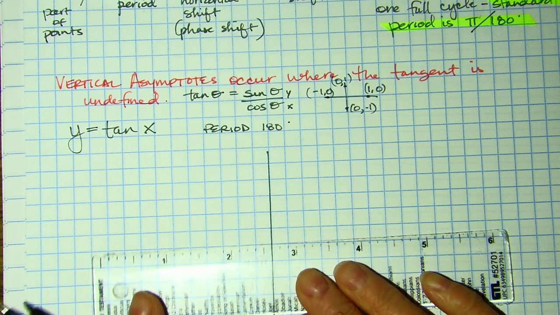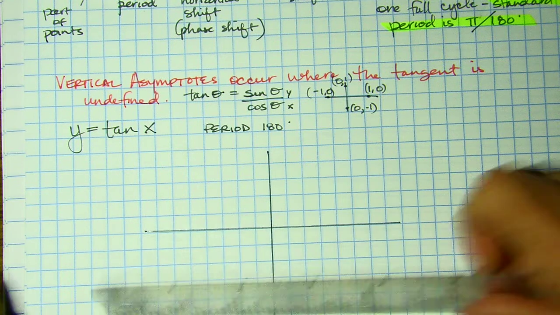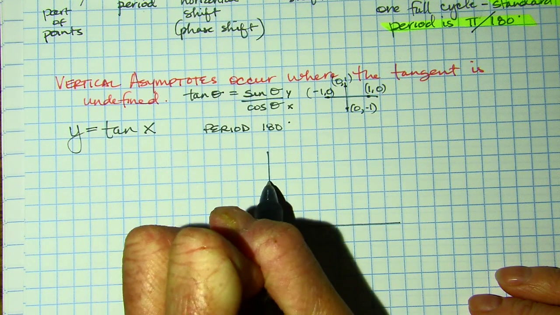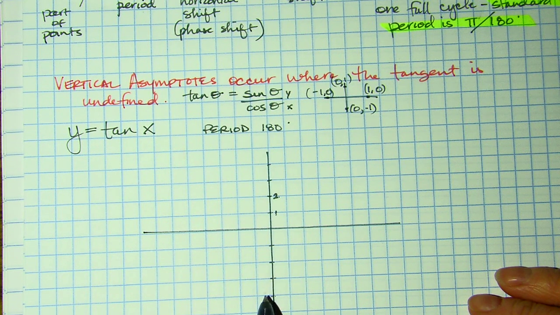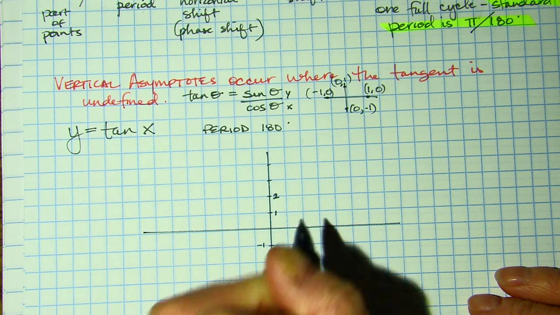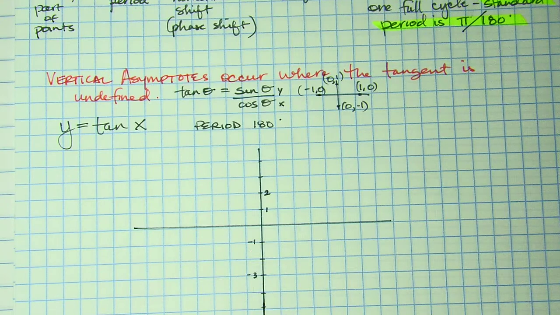It might be helpful to have your unit circle nearby. If I say this is 1, 2, and so on, just so you can see what's going on. A full cycle is in 180 degrees, but it occurs over the origin.